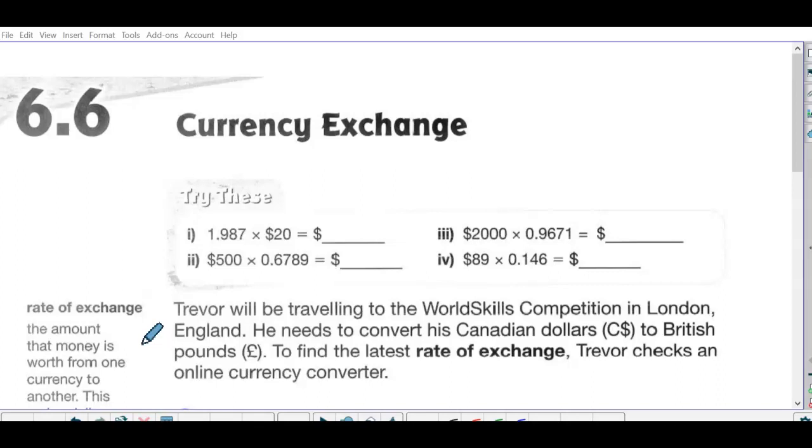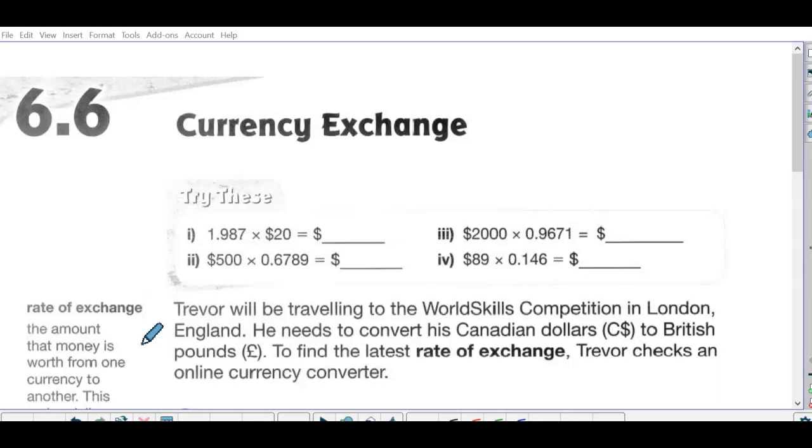Before you go, you usually exchange some Canadian dollars for the money that you're going to be spending in whatever country you're going to. So you do that at a bank or at a currency exchange store like Calforex or something like that. The exchange rates change on a daily basis.